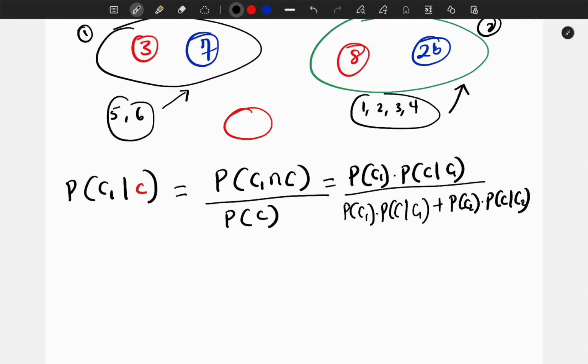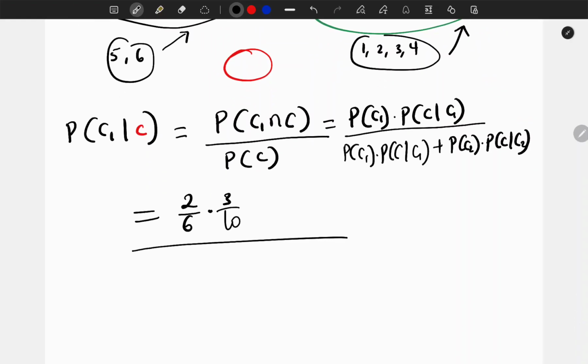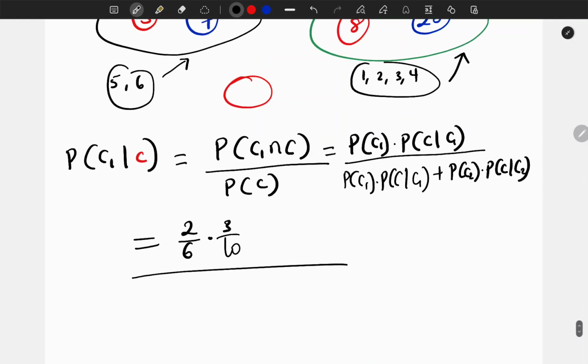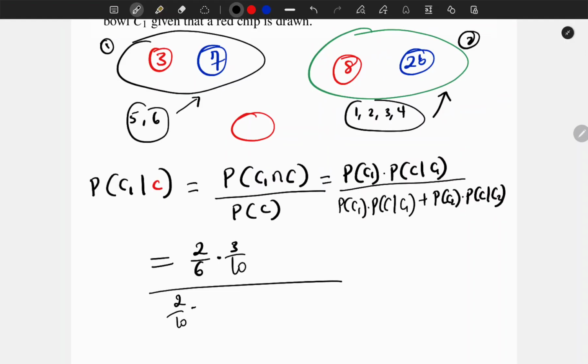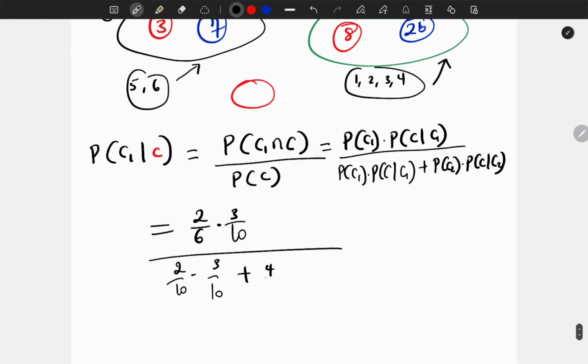Now the probability of C1 and the probability of C2, using this formula: the probability of picking C1 by throwing the die is 2 over 6, times the probability of red from C1, which is 3 red out of 10, over the probability of C1, which is 2 over 6, times 3 over 10, plus the probability of picking C2, which is 4 over 6, times the probability of a red ball here, which is 8 over 10.